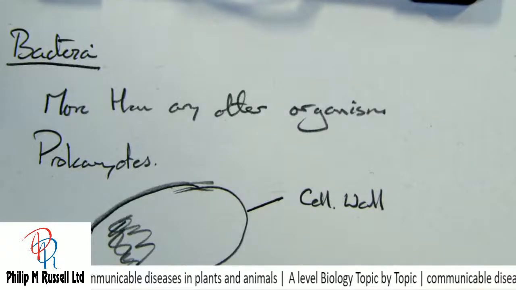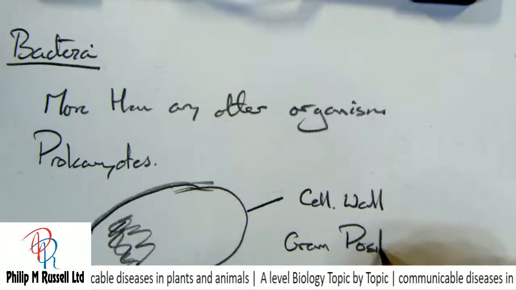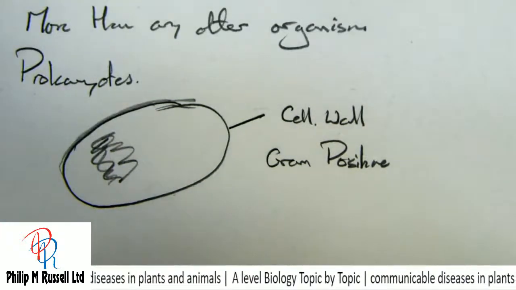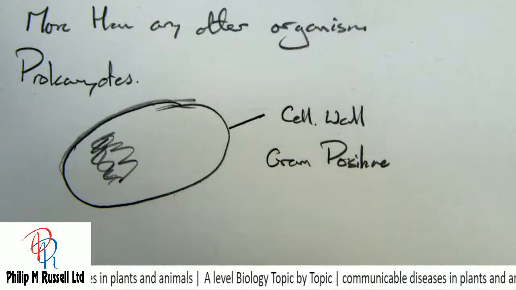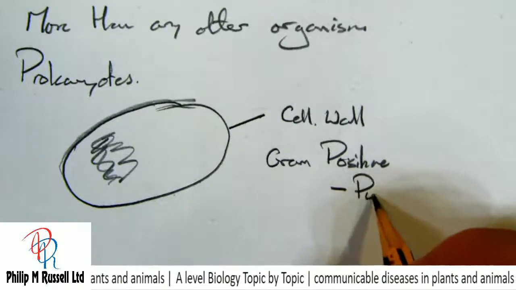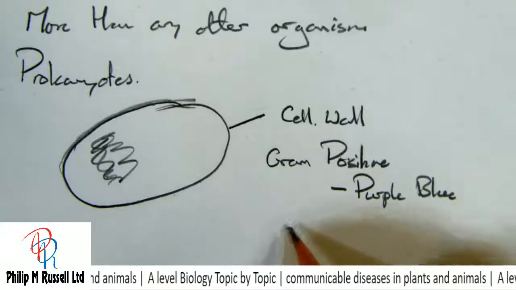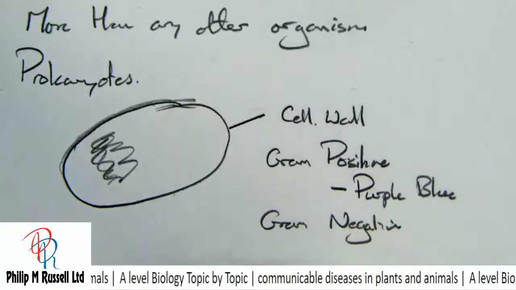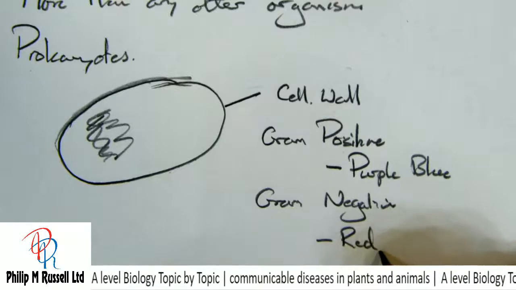And the cell wall is either going to come out as something which is called gram-positive, and these basically look, under gram staining, a sort of purple blue, or they are gram negative, in which case they appear sort of red.